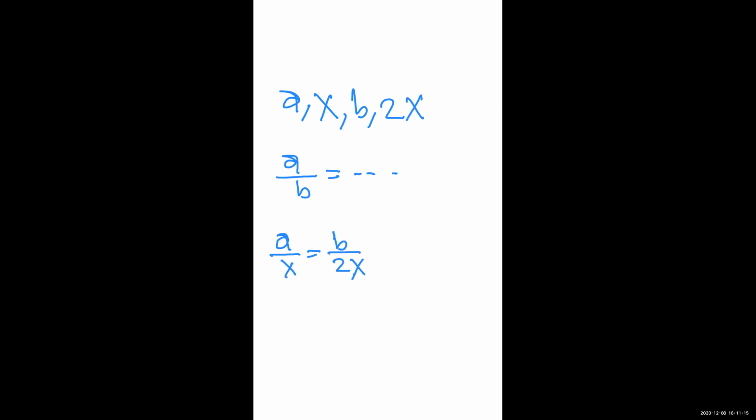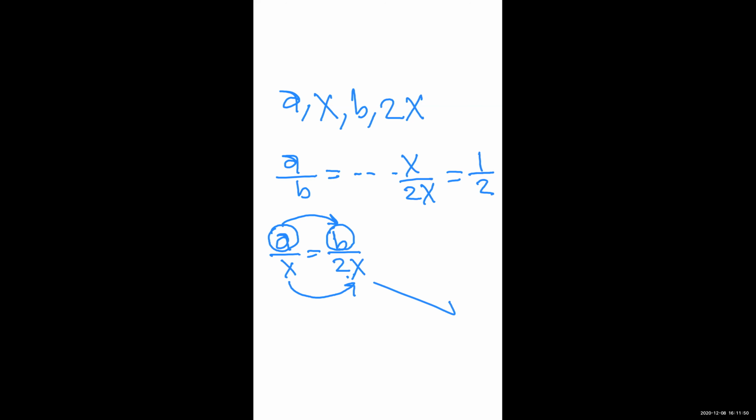I want to get A over B. The first antecedent over the second antecedent equals the first consequent over the second consequent. So A over B equals X over 2X, which is equal to 1 over 2. So the right choice here for question 7 is letter B. Okay, are we clear? Yeah. Okay.